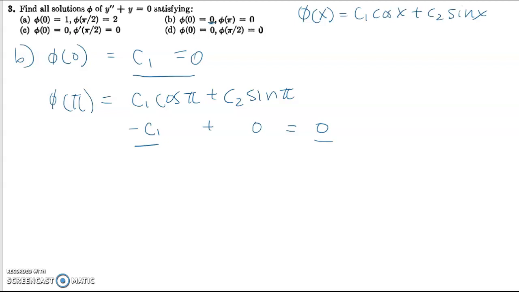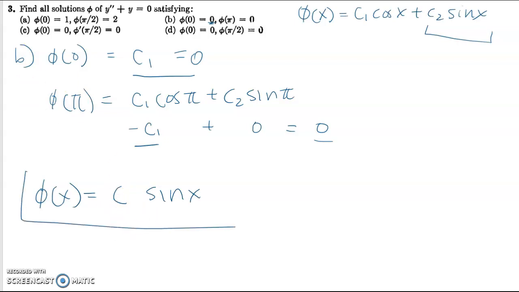So for both of our cases, we got that c1 is 0, but we don't have any information about c2, so we're going to have to just keep this. So our general equation, phi of x, is going to be c2 sine of x. But since this is our only constant, feel free to just get rid of that and keep this as our answer.